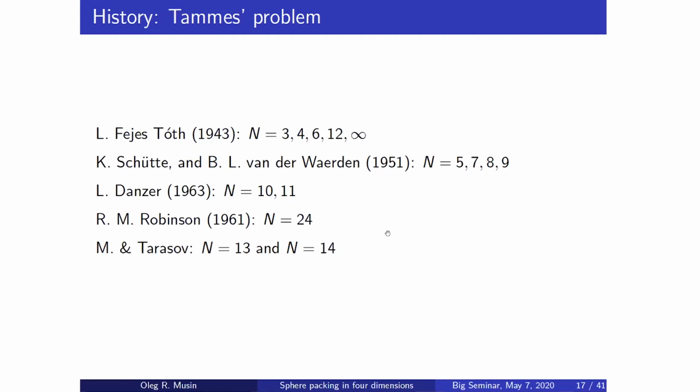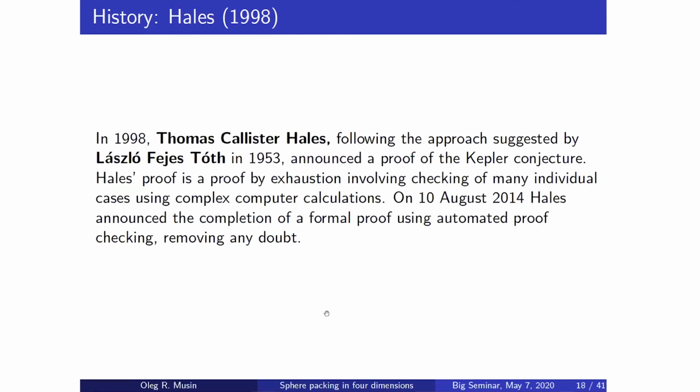Danzer's very interesting paper is his habilitation thesis. He considered cases 10 and 11. Robinson did 24, and recently we published a paper with Alexey Tarasov on cases 13 and 14.